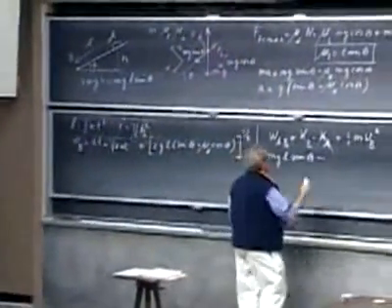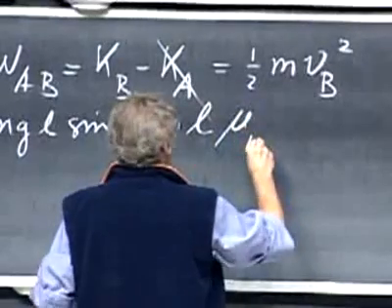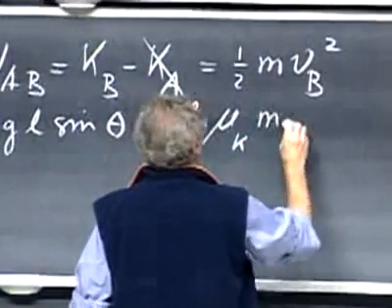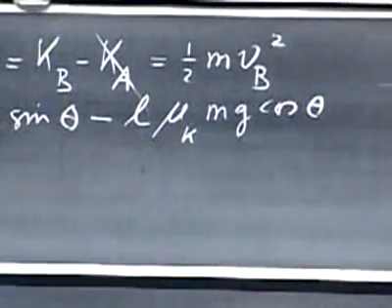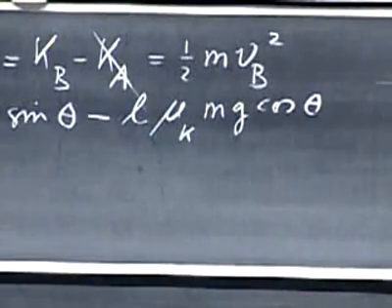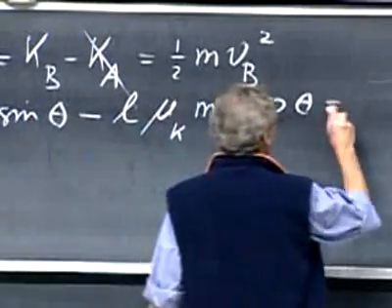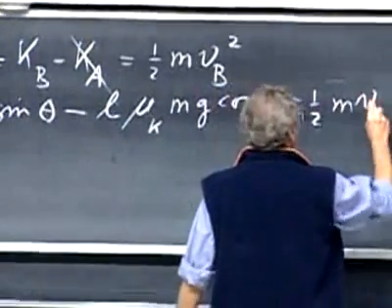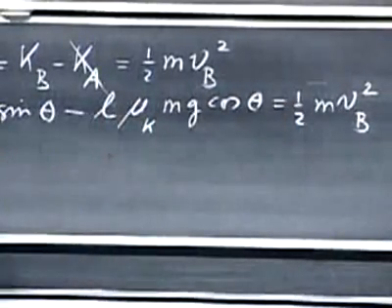And so I get L times the frictional force, which is mu k mg cosine theta. So that's the negative work done by the friction, and this equals 1/2 m vB squared. And I lose an m.